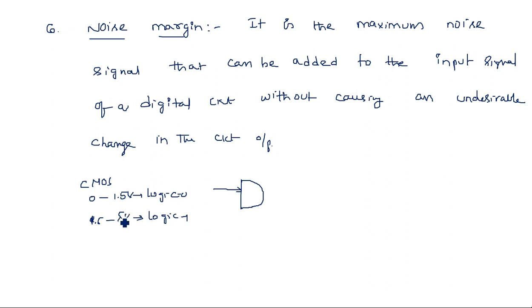Now if any additional voltage, which is the noise, is added to this logic 0 level or logic 1 level, that should not violate the characteristics of logic 0 and logic 1. Whatever the maximum noise that can be added should not change the logic 0 and logic 1 status.